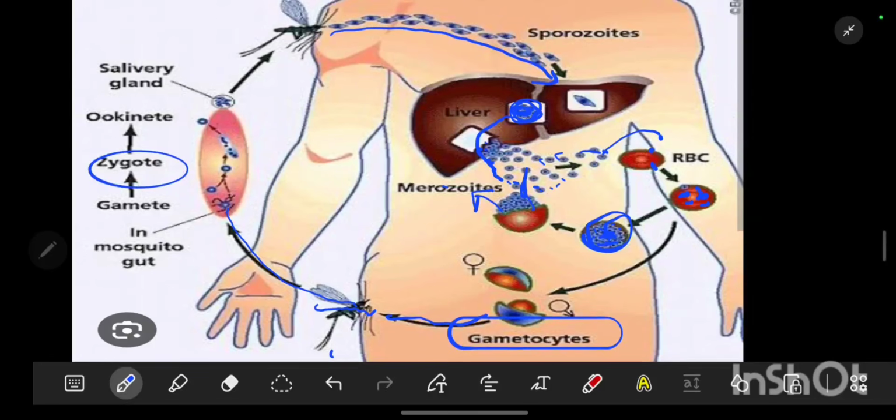From the zygote, we form what we are going to call an oocyst. Then the oocyst finally is going to burst and release the sporozoites, which go to the salivary glands of the mosquito. Then it will begin the process over again.